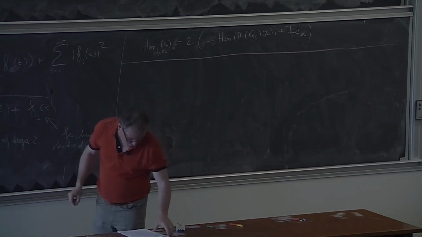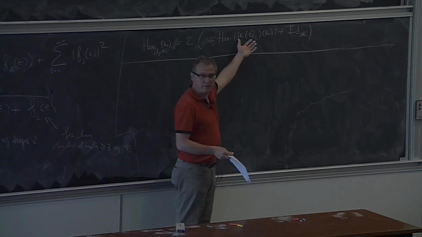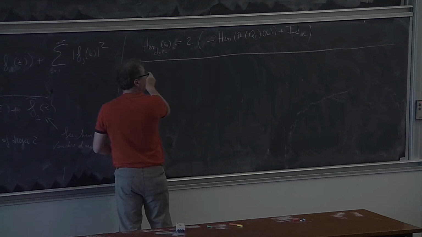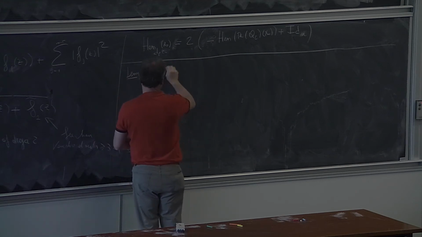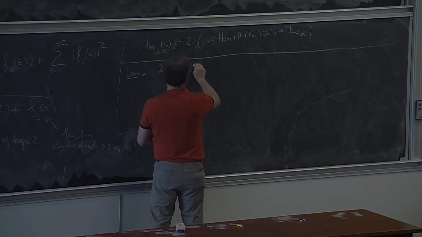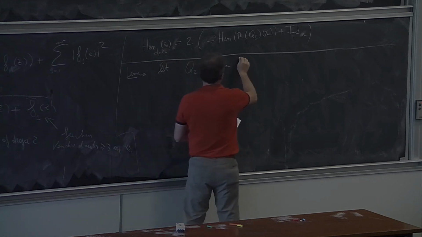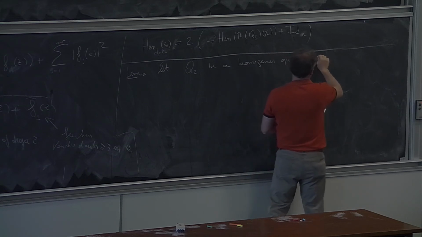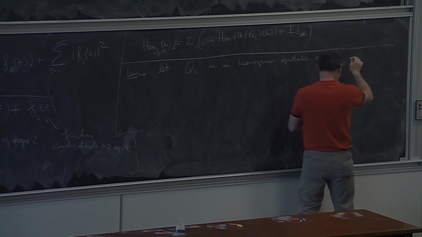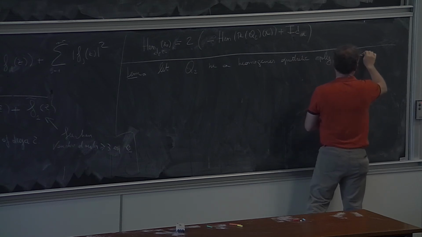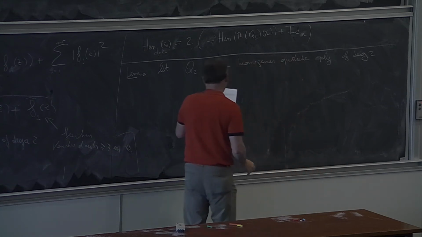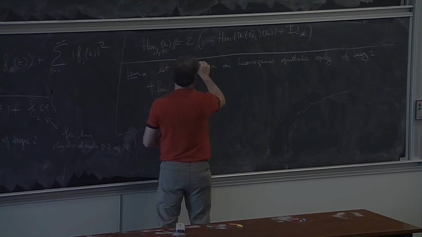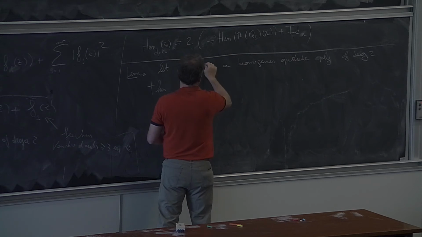Now you do the explicit computation, so you have to compute this, and you have this lemma, which says: let Q2 be a homogeneous quadratic polynomial of degree 2, Q2 of z1, ..., zn.